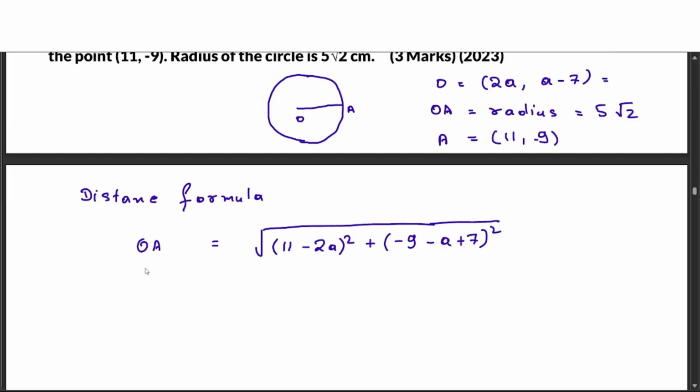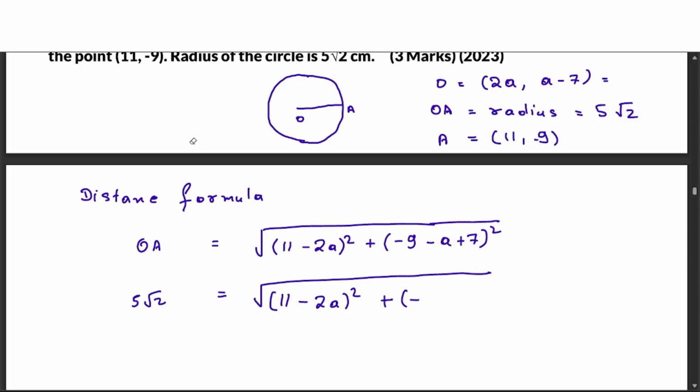Okay. Now OA is given as 5 root 2. Now you will get (11 minus 2a) whole square plus minus 9 plus 7, which gives minus 2, and minus a, whole square.